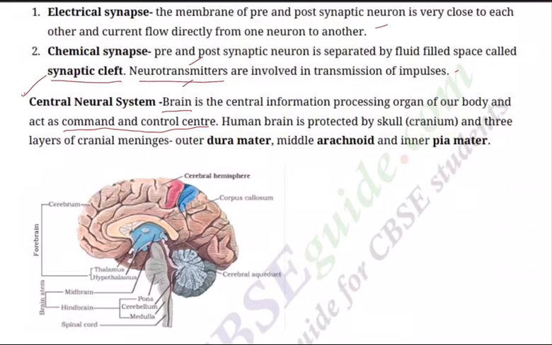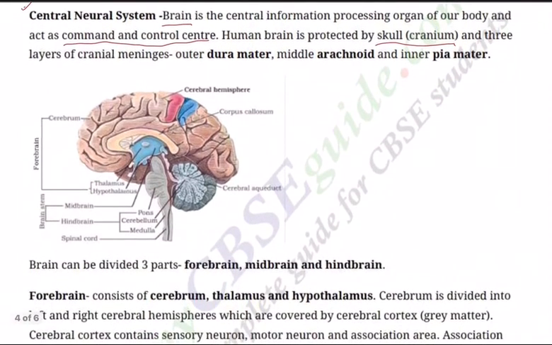That's how the brain is very, very important. The human brain is protected by the skull, the cranium, and three layers of cranial meninges: outer dura mater, middle arachnoid, and inner pia mater. So there are three layers protecting the brain.